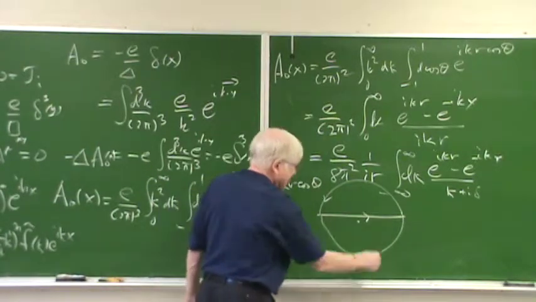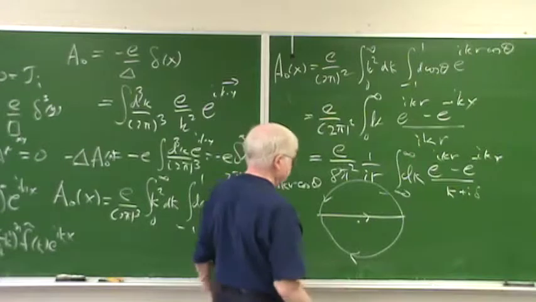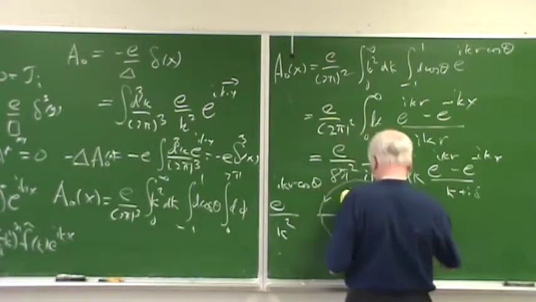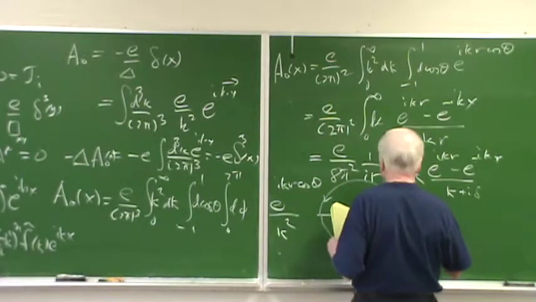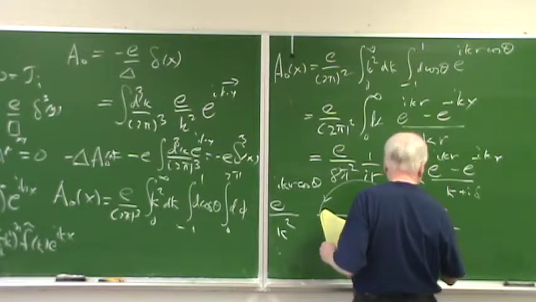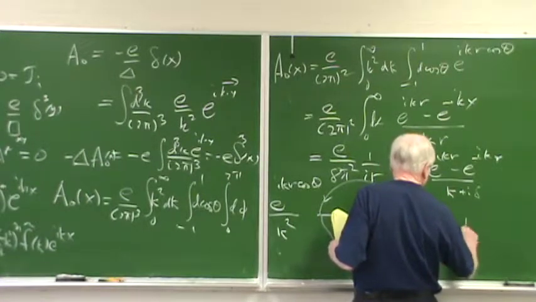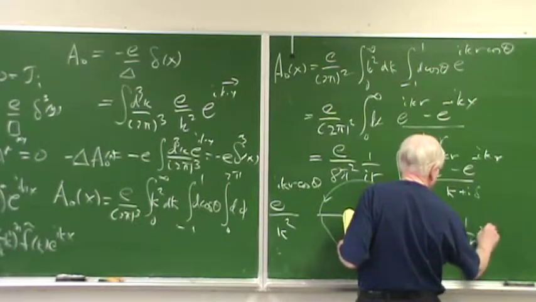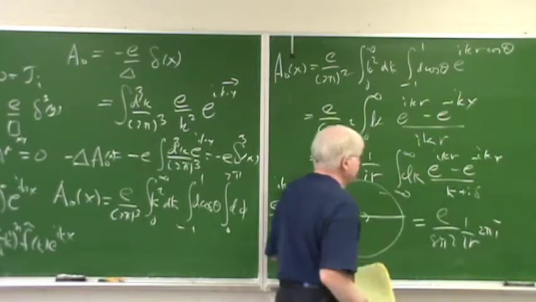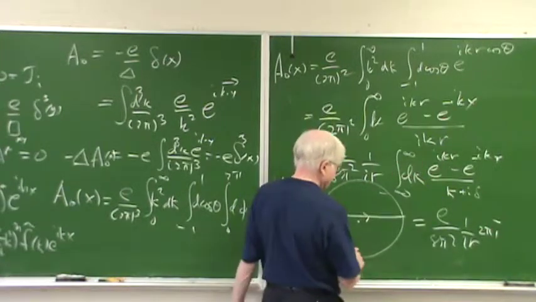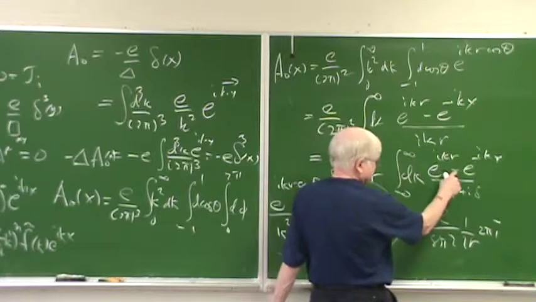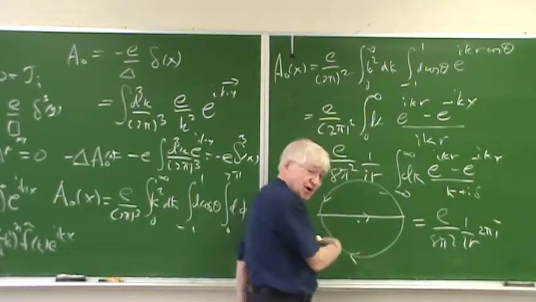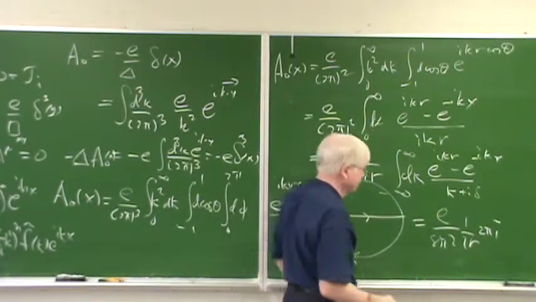but now we have a loop integral around the pole, and so that gives us E over 8 pi squared, 1 over iR, and then 2 pi i. I say 2 pi i because there's a minus sign here, and because we're going clockwise rather than counterclockwise.